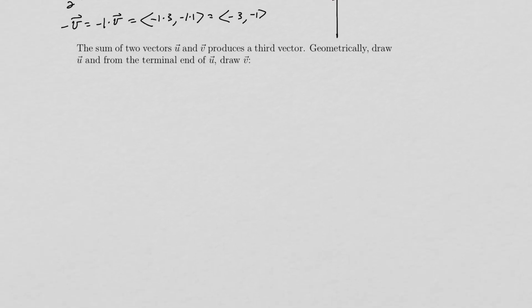Okay, how do we add two vectors? Well, if you want to add two vectors graphically, you have to add them tip to tail. So let's say I have two vectors here. I have vector u, looks like this, let's say, and I have vector v.